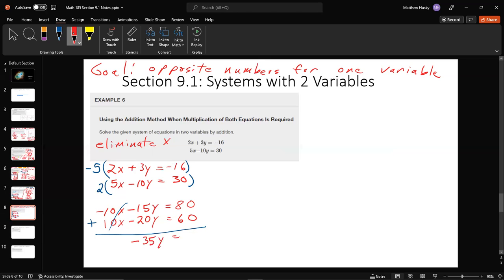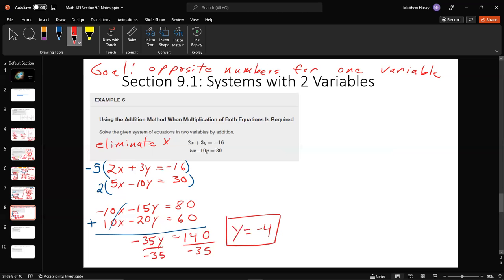And then 80 plus 60, what is that? That's 140. And then to finish things off, I'm going to divide by -35. I know 70 divided by 35 is 2, so 140 divided by 35 should be 4. So that should mean that Y equals -4. And there you go. We have found the value for Y.